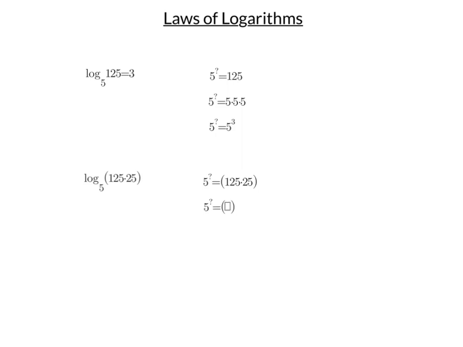Well, 125 is 5 times 5 times 5. 25 is 5 times 5, so it looks like a total of 5 fives. It's 5 to the power of 5 equals 125 times 25. So the log of 125 times 25, base 5, is just equal to 5. There are 5 of them.